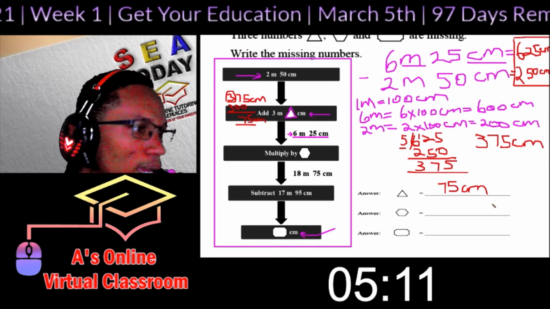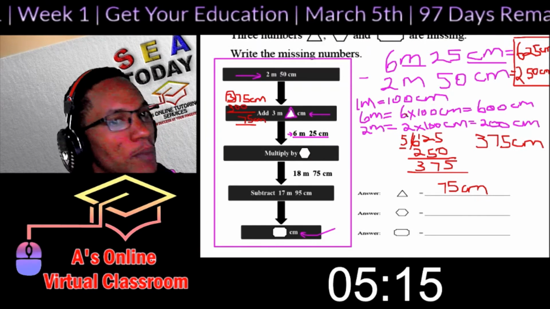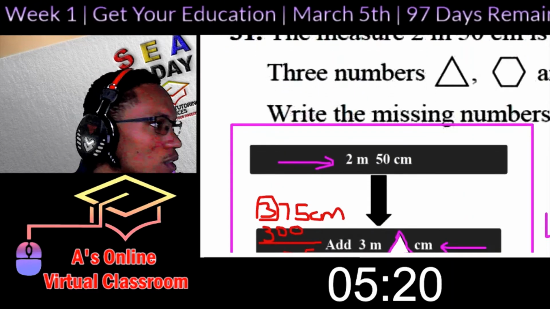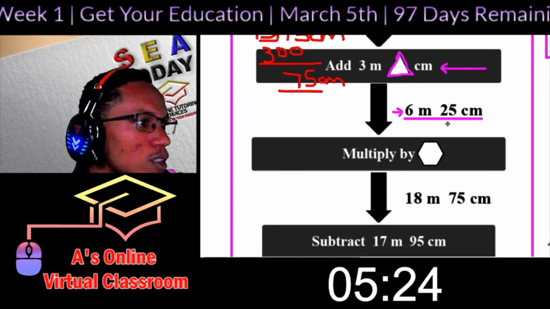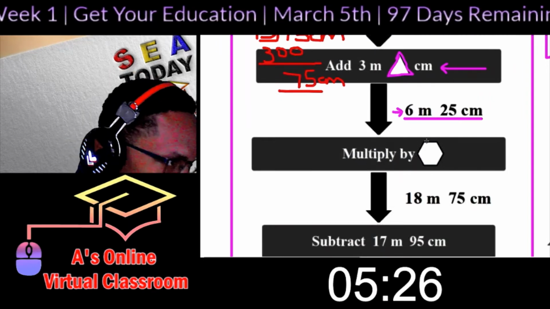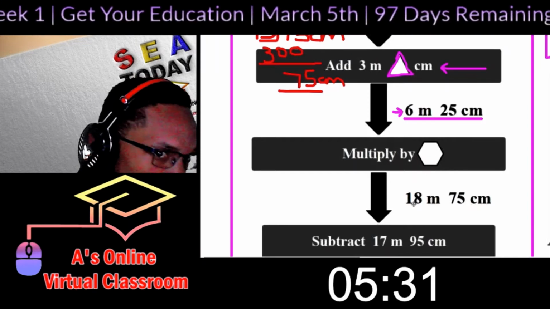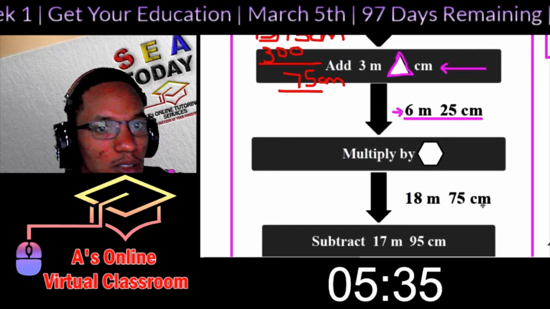Let's move on to the hexagon. So now we have 6 meters 25 centimeters. You're gonna see it here. 6 meters 25 centimeters multiplied by hexagon, right, gives you 18 meters 75 centimeters.